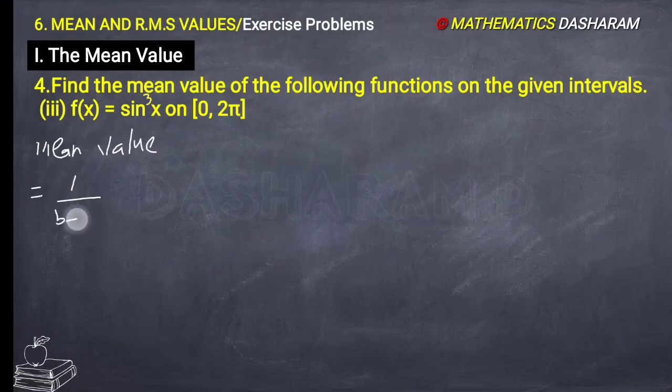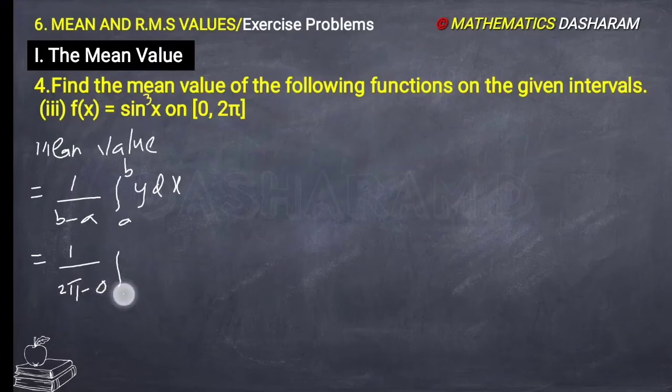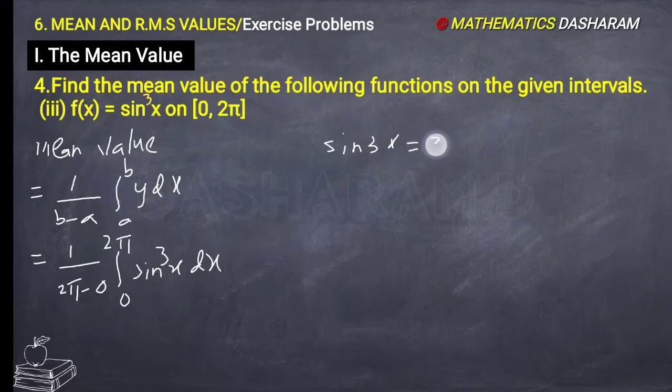So the mean value formula is 1 by b minus a, integration a to b of y dx. So it equals 1 by b value 2 pi minus a value 0, integration 0 to 2 pi of y dx. That means the given function sine cube x dx. But actually the sine 3x formula is 3 sin x minus 4 sine cube x.